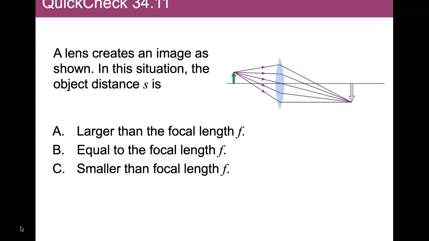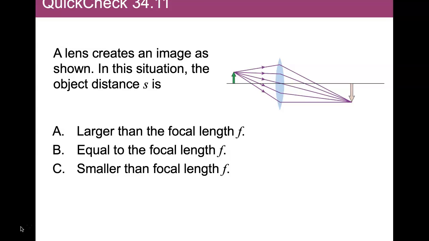Here's another quick question. Again, pause the video. We have the object at a distance s, and the question is, is s larger than the focal length, equal, or smaller?